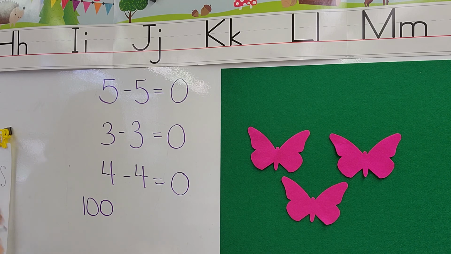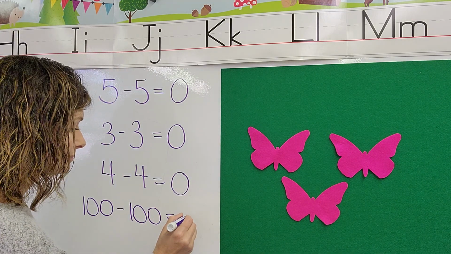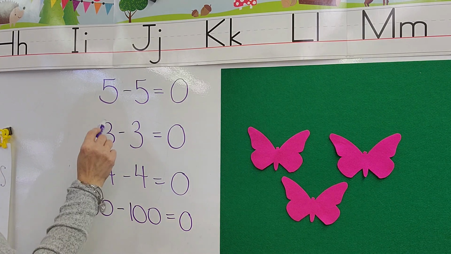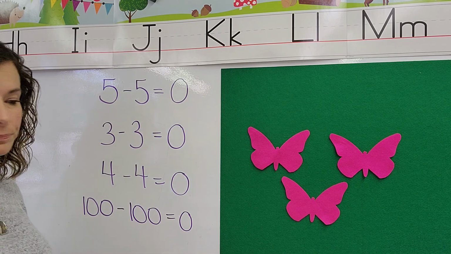And she went into TJ Maxx with that $100. Mrs. Nelson spent all 100 of her dollars at TJ Maxx. How much money does Mrs. Nelson have left? None, 0. Okay, so like I said, it doesn't matter how small or how big the number is. If you subtract all of it, you will end up with 0.